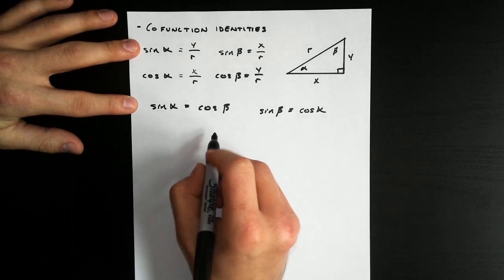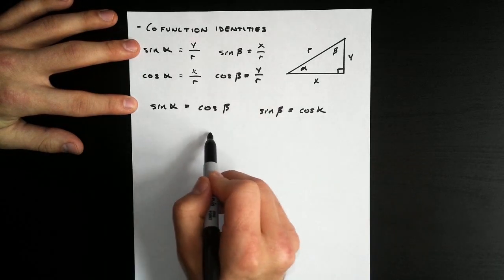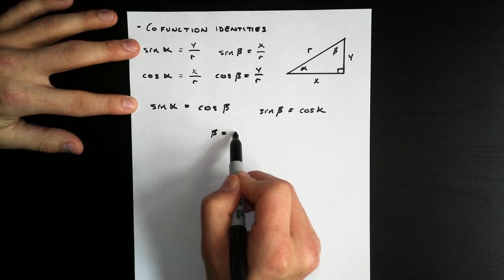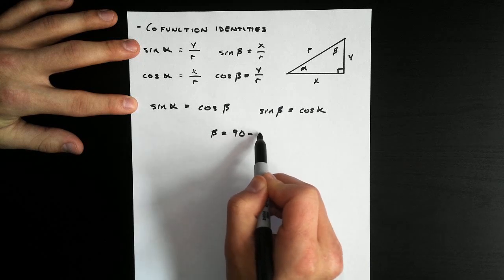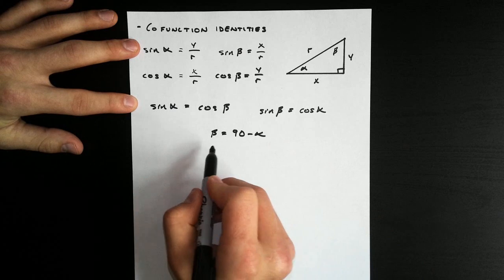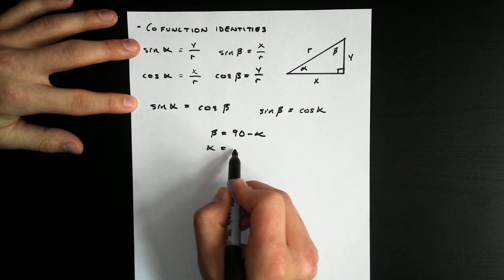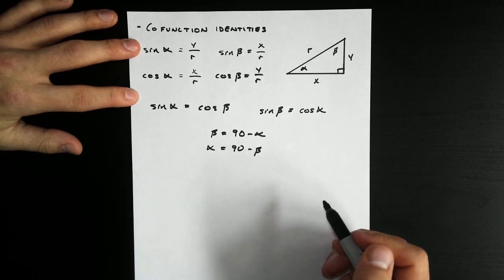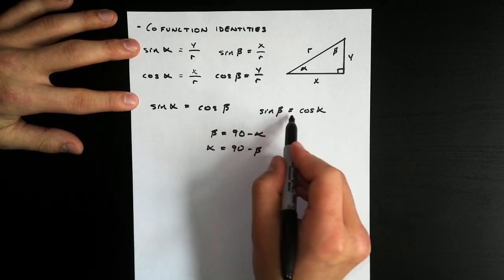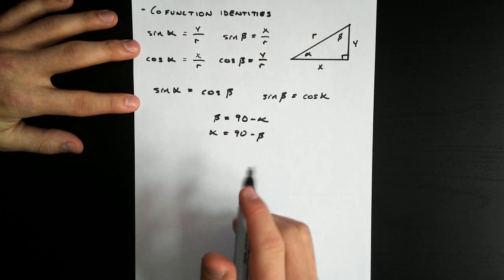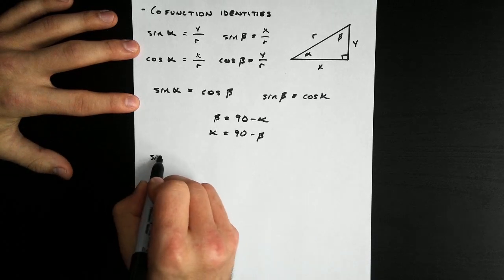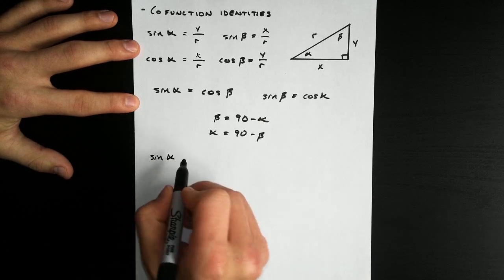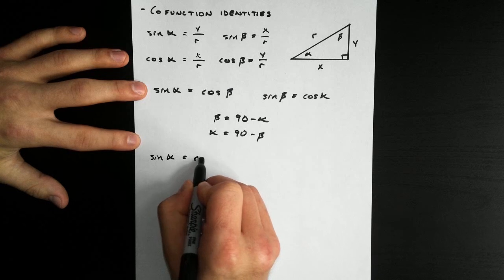So I know that beta is equal to 90 minus whatever alpha is, or vice versa, alpha is 90 minus whatever beta is. So I can take these two equations and I can rewrite these a little bit. So the sine of alpha is equal to the cosine.